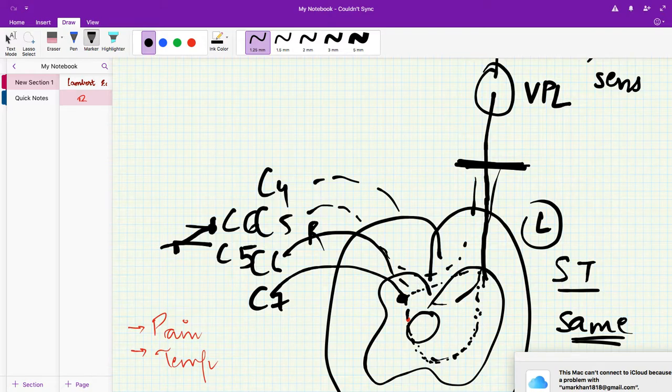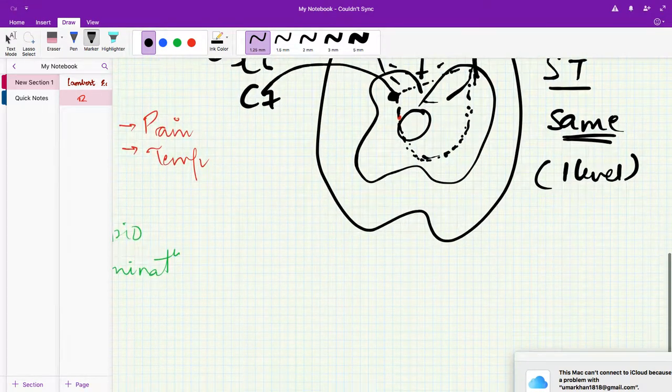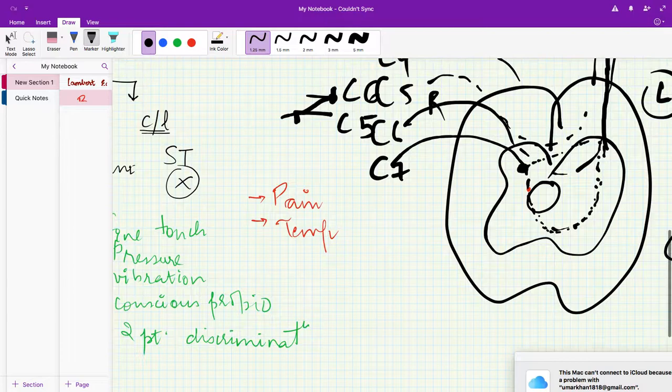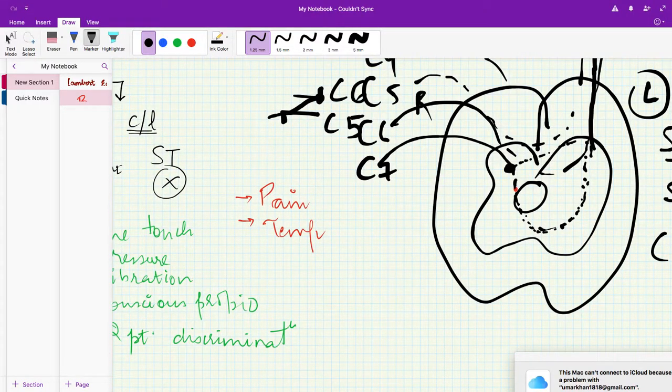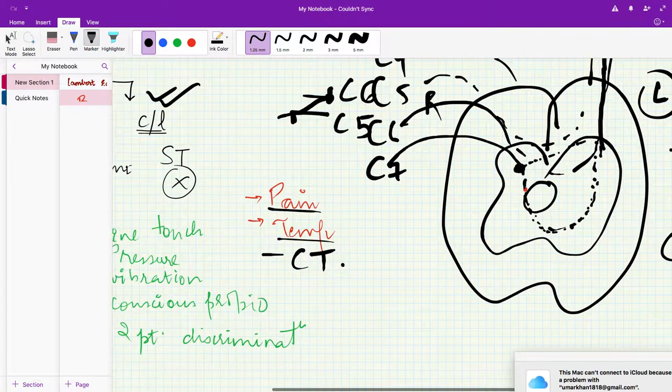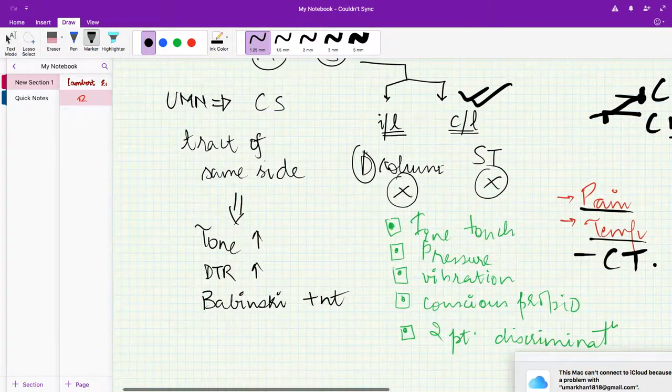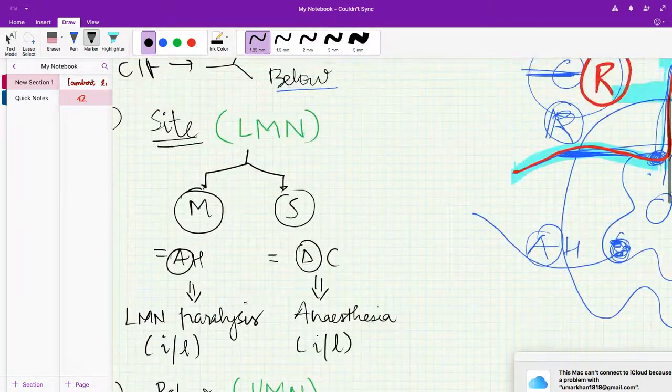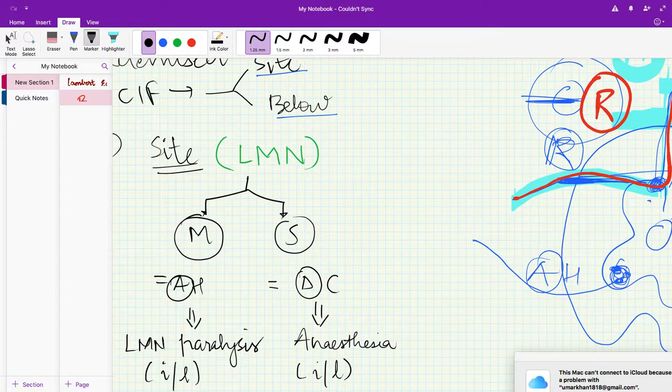We are discussing below the site of lesion, so they have all already crossed, and they're bringing the sensations of pain, temperature and crude touch from the opposite side of the body. So here, pain, temperature as well as crude touch will also be gone, but always on the contralateral side, right?